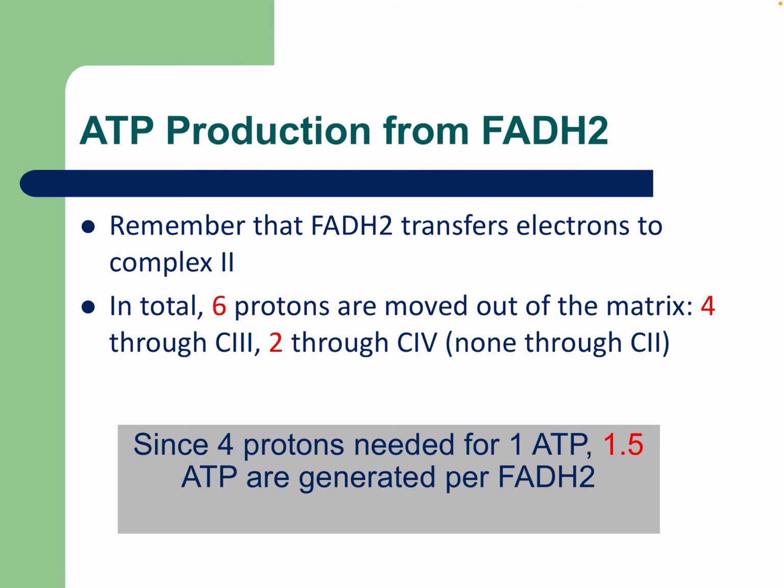For FADH2, know that FADH2 transfers electrons to complex 2. In total, 6 protons are moved out of the matrix, 4 by complex 3 and 2 by complex 4. Since FADH2 goes to complex 2, it does not get the 4 hydrogen ions that are moved in complex 1.